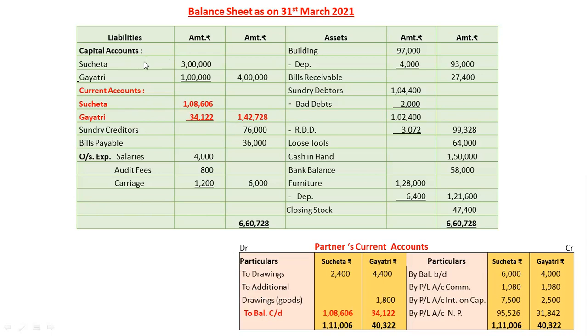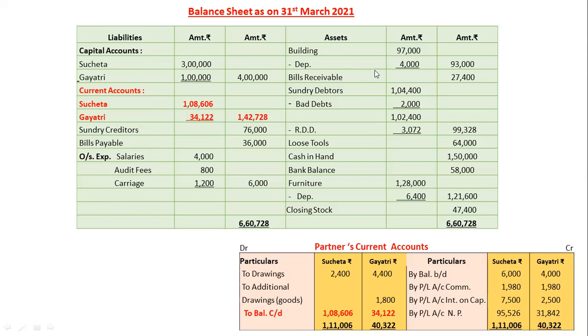Capital, because this is the fixed capital method example, so directly we should show the capital in balance sheet liability side of Sucheta and Gayatri, sundry creditors, bills payable, and all outstanding expenses effect in liability side.